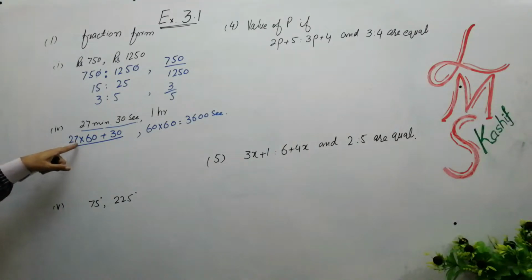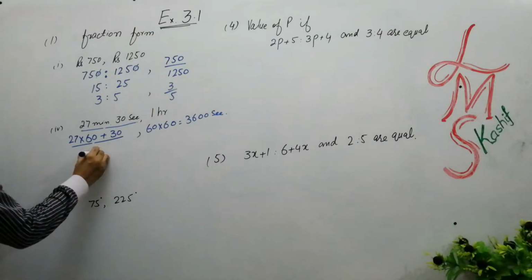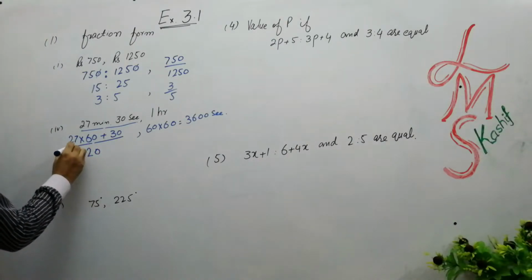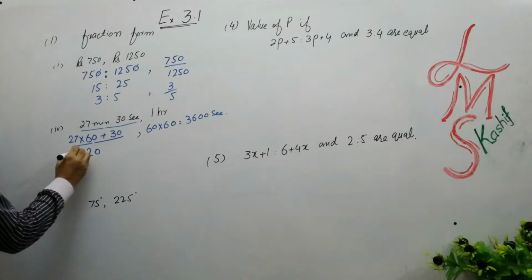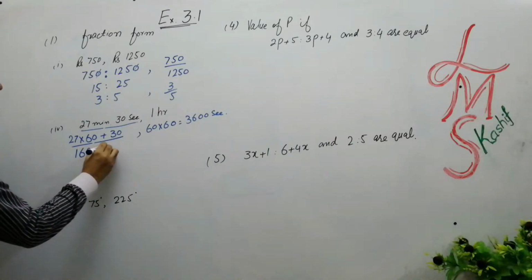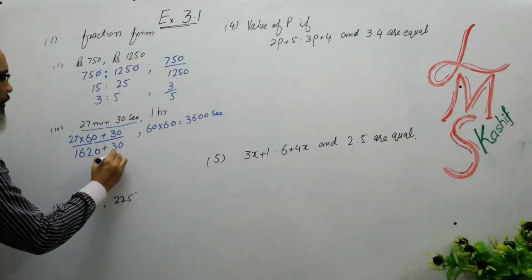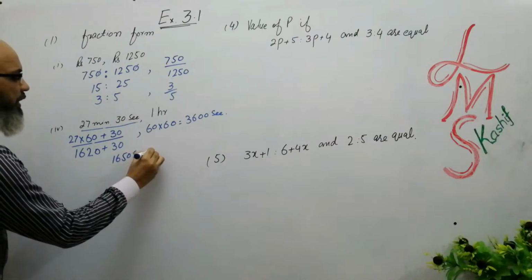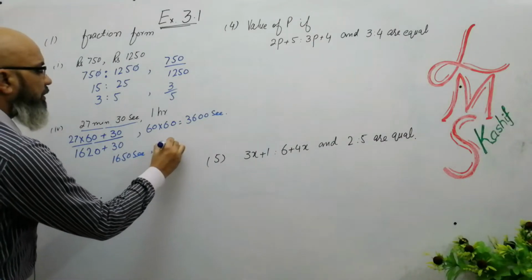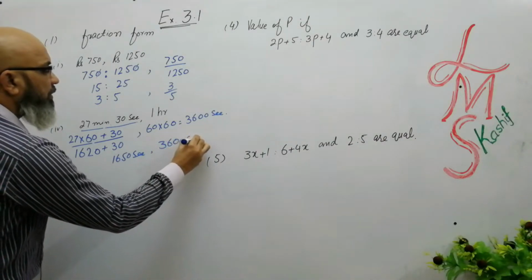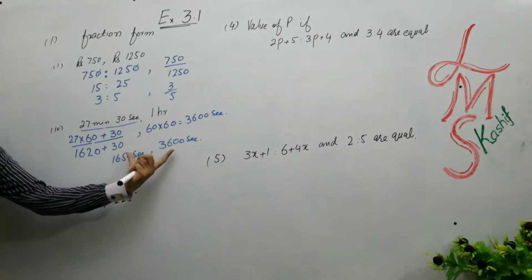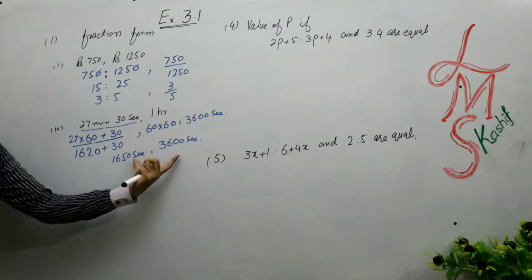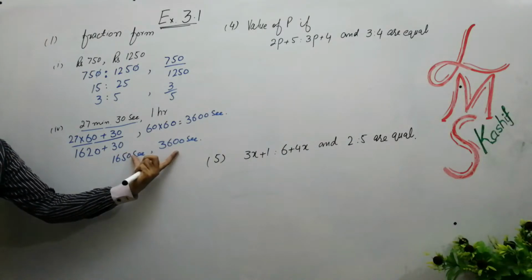So when you multiply 27 with 60, 6 sevens are 42, 6 twos are 12 and 1 plus 12 is 13, 20 plus 30, you will get 1650 seconds and 3600 seconds.